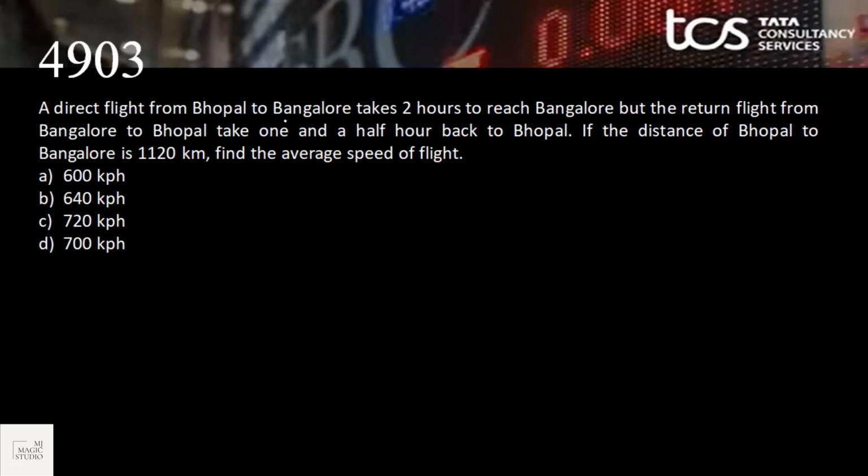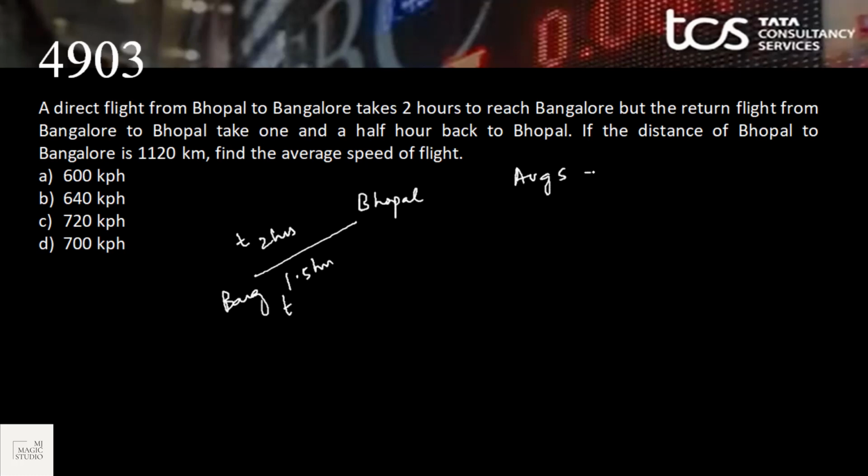A direct flight from Bhopal to Bangalore takes 2 hours to reach Bangalore, but the return flight from Bangalore to Bhopal takes 1.5 hours. If the distance of Bhopal to Bangalore is 1120 kilometers, find the average speed of the flight.